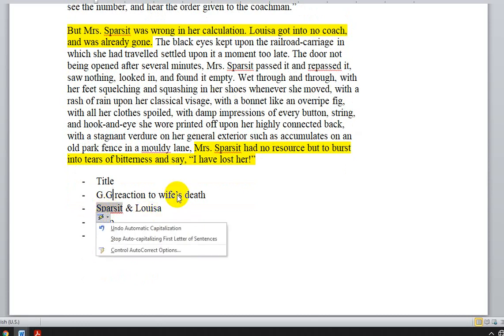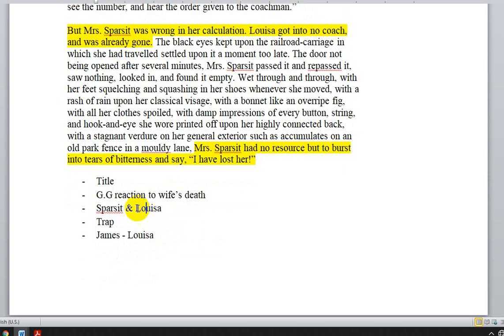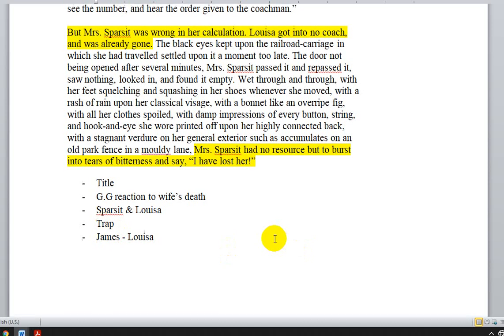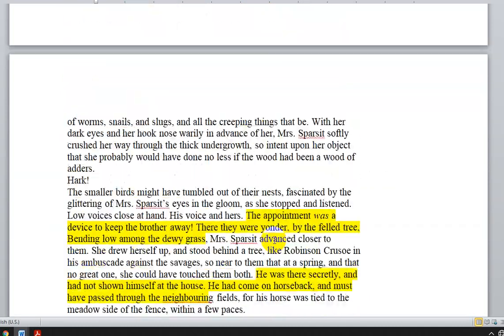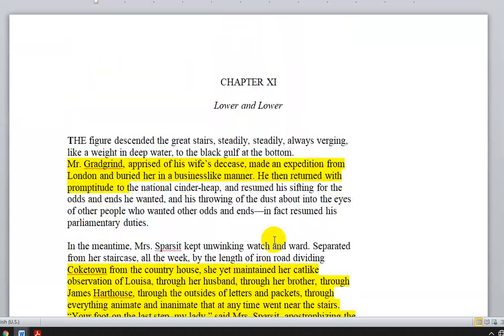Sparsit is doing a huge role in describing the events and telling us everything about the relationship and the trap that she exposed, which was set by James by keeping Tom waiting at the station while he goes and sees Louisa, and how James and Louisa are portrayed, and Louisa's last move by leaving the house somewhere else we don't know, and this will be uncovered in the next chapter. These are the main points of chapter 11. Thank you.